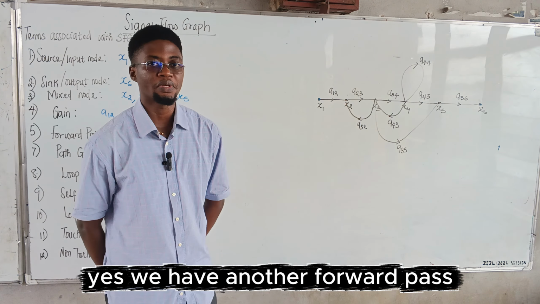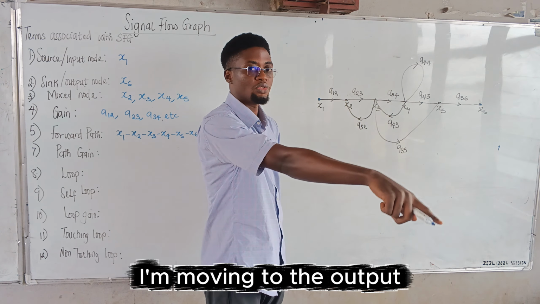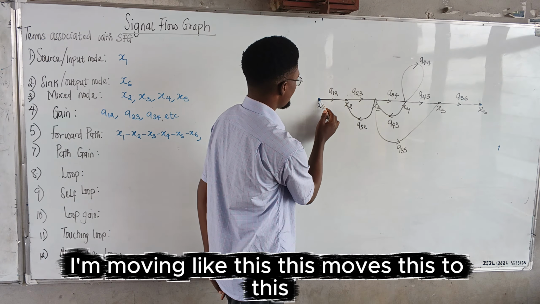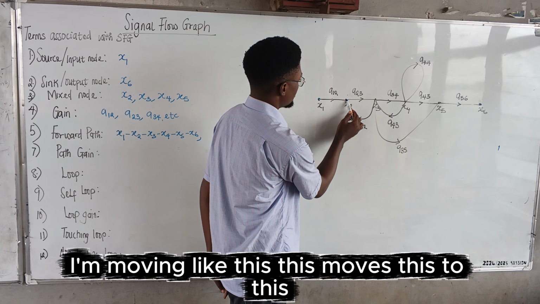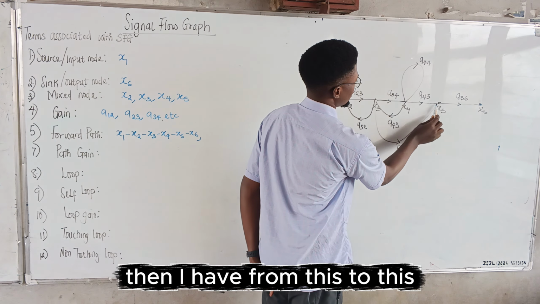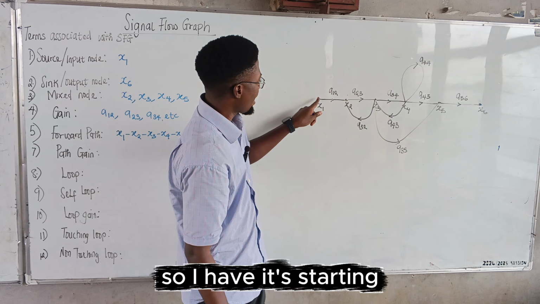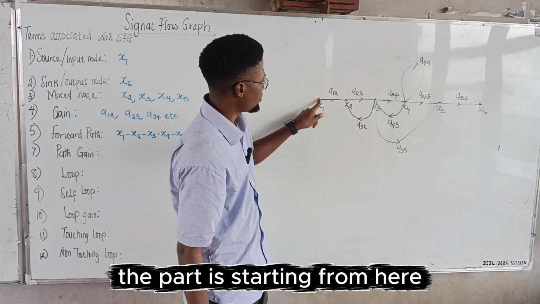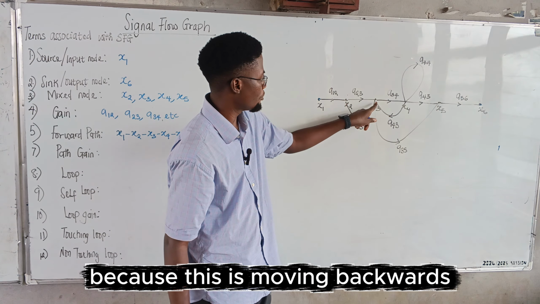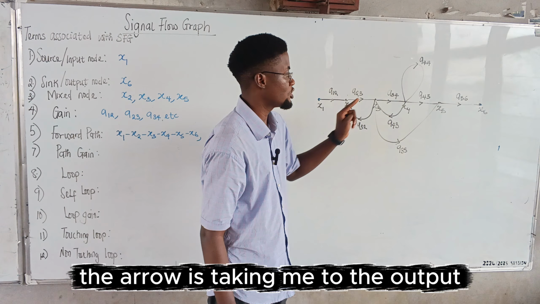Yes, we have another forward path. You can see that based on the arrow, it's moving to the output node. So I have another one. Based on the arrow, I am moving like this. This moves to this. Then I have from this to this. So see the arrow is going forward. The path starts from here and moves like this. Why am I not going this way? Because this is moving backward, so it's not a forward path. You are picking only the one that the arrow is taking to the output.